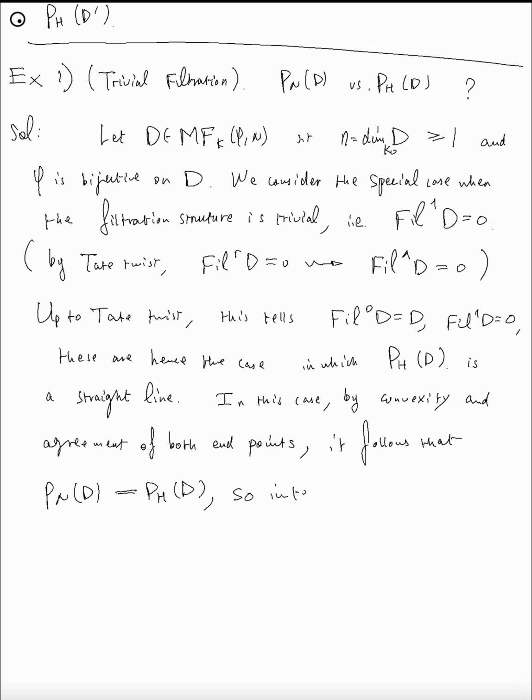So in terms of isoclinic decomposition, there is only one slope.